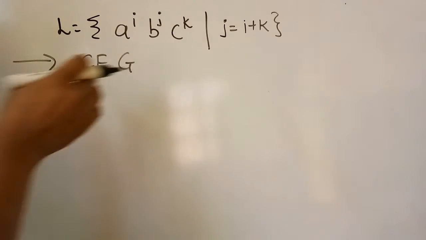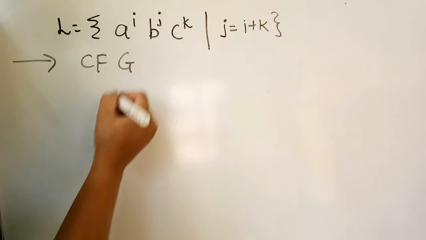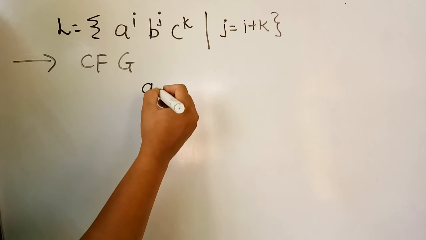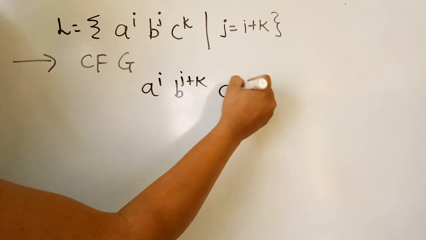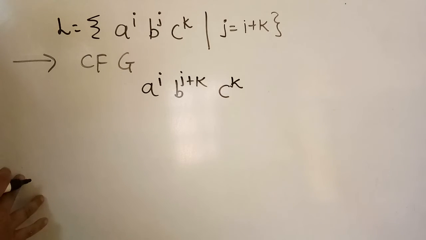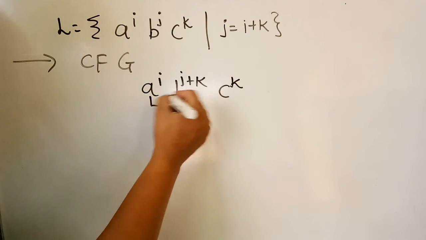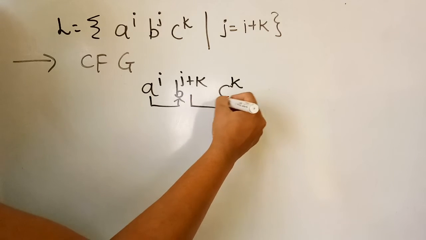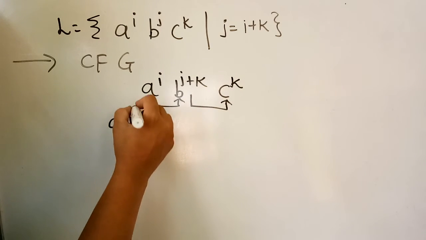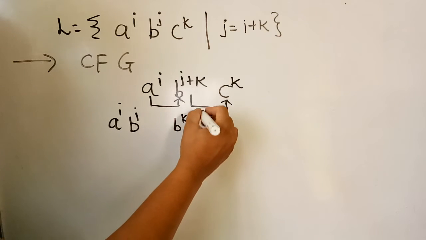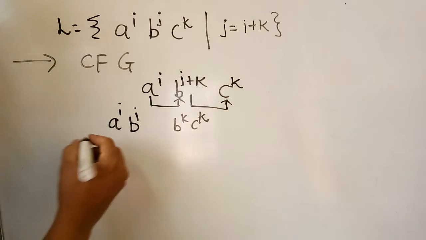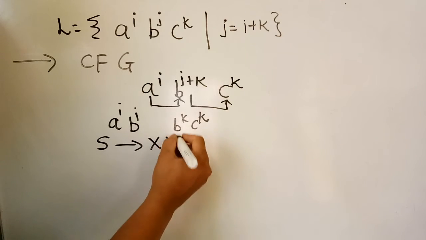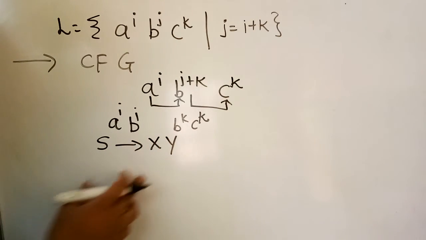After analyzing the terms of this language, we will get an idea that here A is I, B is a combination of I plus K and C is K. Now here again it is a case of equal number of A's with B's and equal number of B's with C's, meaning A raised to I, B raised to I, and B raised to K, C raised to K. So it is again generated with the help of a logic, that is we can take one starting variable and take another non-terminal, that is X1.